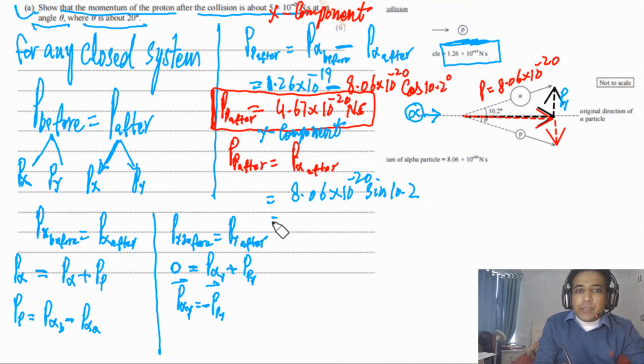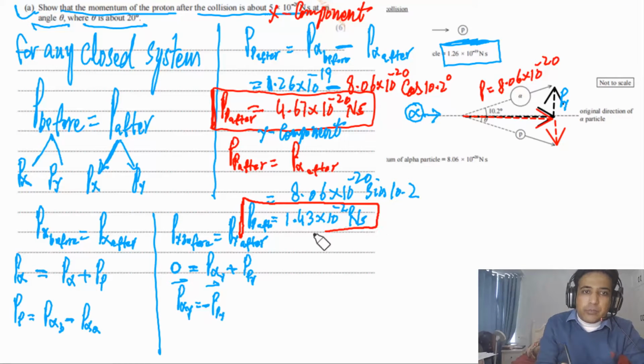Now if we solve this one, we will get the value. Y component will be equal to 1.43 times 10 to minus 20 newton seconds. So we have the y component of momentum of proton, and we have the x component, so we can calculate the momentum.